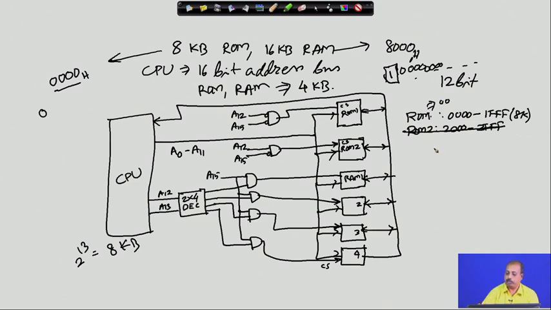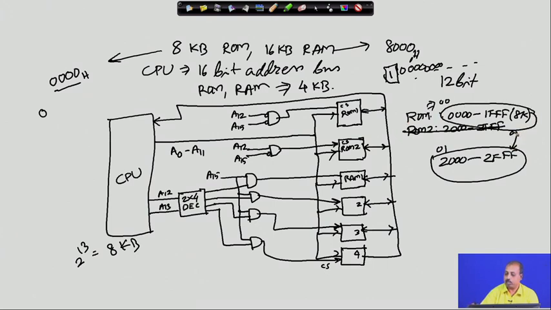Now, if A13, A14 gets the value 0, 1, then you get the address range 2000 to 2FFF. So, this is the next address space that we are getting. This is basically a folded address space of the first ROM. These two address spaces are the same, they map to the same set of memory locations, but because of folding they are coming.